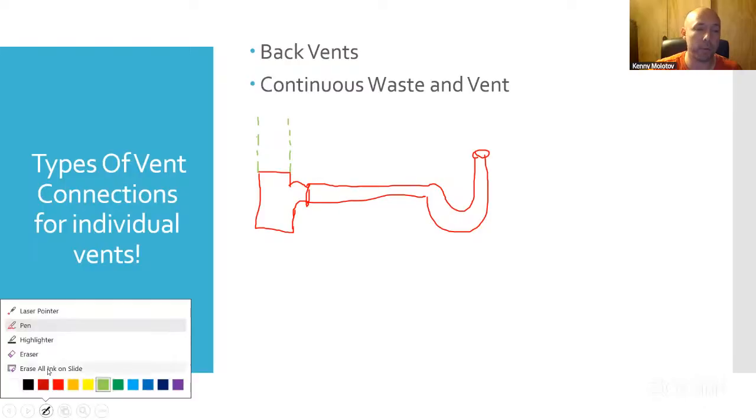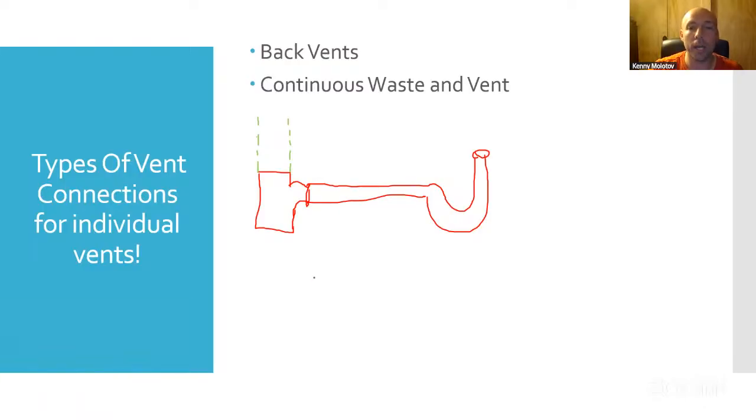So for example, a back vent would be a trap arm that's very long. And instead of our TY being vertical like this, you would have a TY that comes up like so.